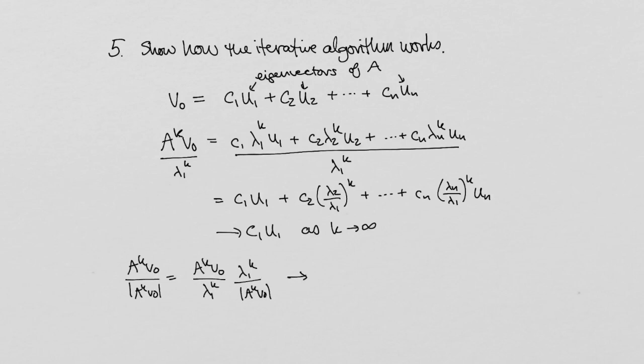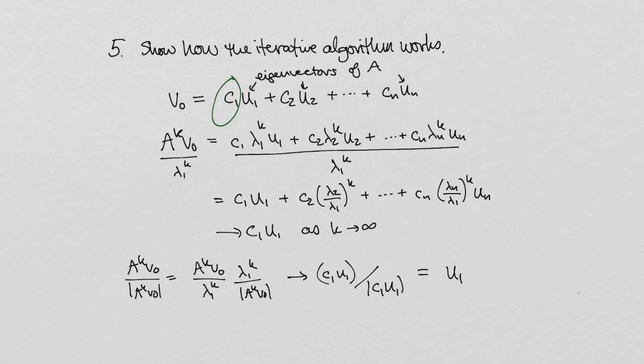As k goes to infinity, this converges to c1 u1 divided by the length of c1 u1. In other words, it converges to the leading eigenvector normalized to have unit length. There are starting vectors that would cause this argument to fail, namely those for which the component c1 in the u1 direction is equal to 0.